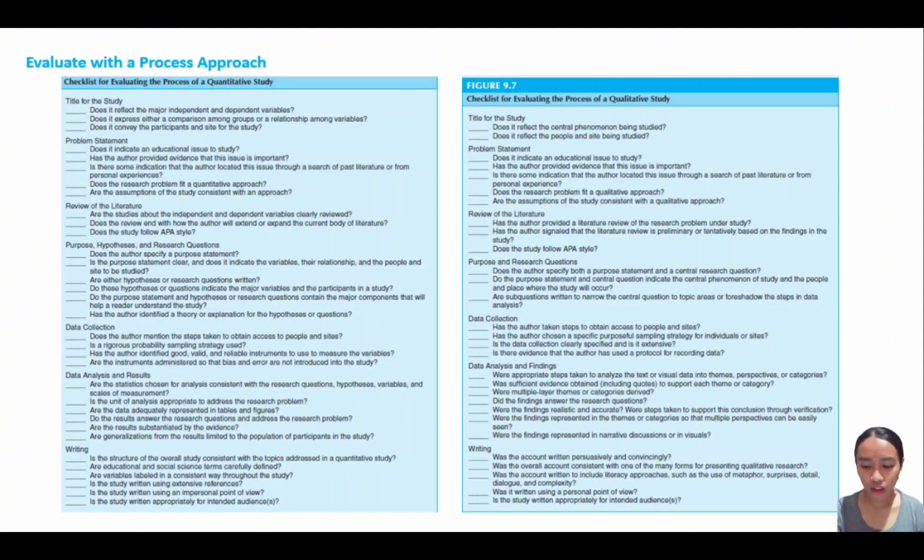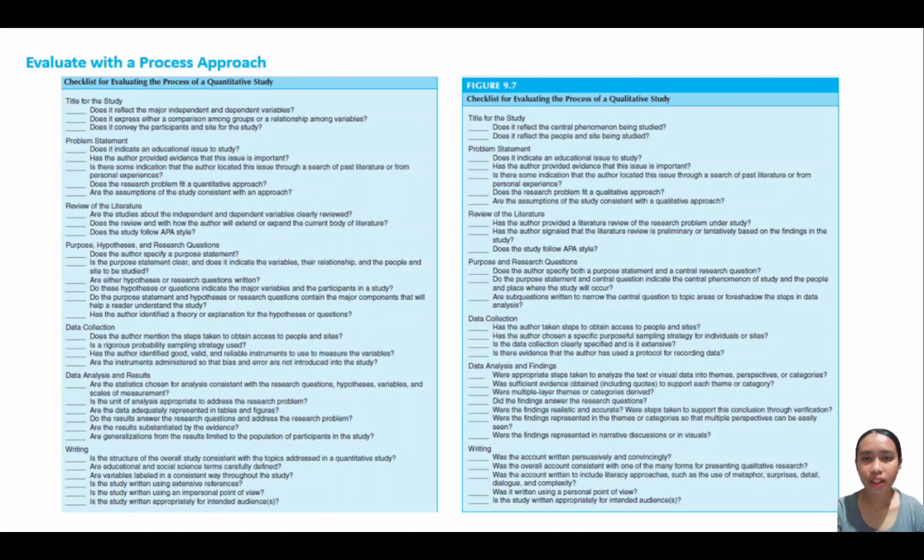Data collection methods should be rigorous, using valid and reliable instruments and avoiding bias. Data analysis should match the research questions and hypothesis, and results should be presented clearly and with evidence.